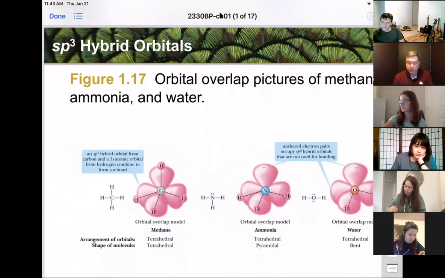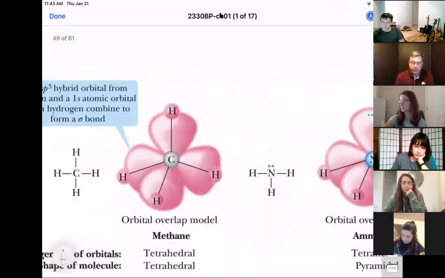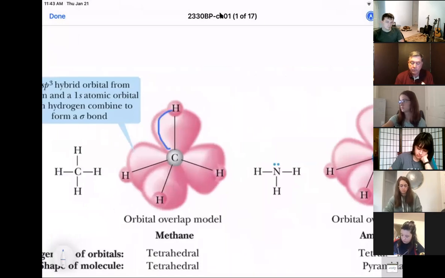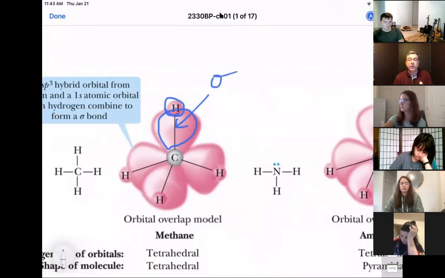So if we look at this methane here, we have our sp3 hybridized orbital on our carbon overlapping with an s orbital on our hydrogen to create a direct bond or a sigma bond, okay? And we have a total of 4 of these, giving us that tetrahedral electronic shape and tetrahedral molecular shape, okay?